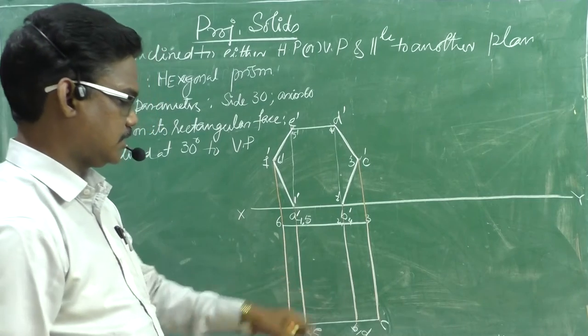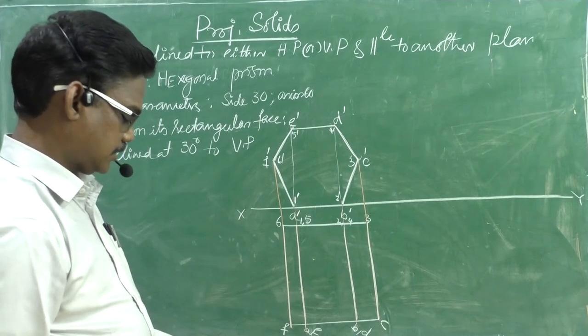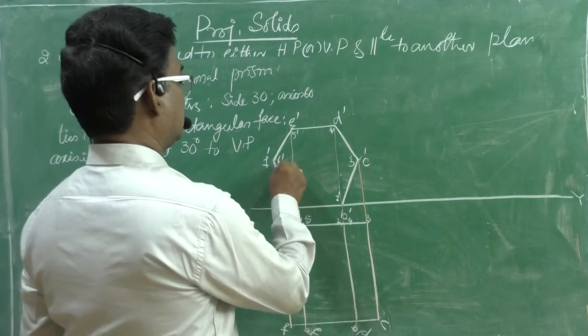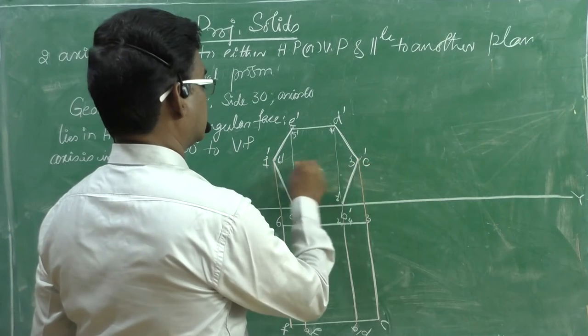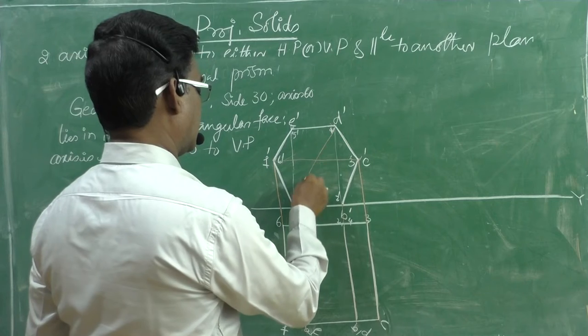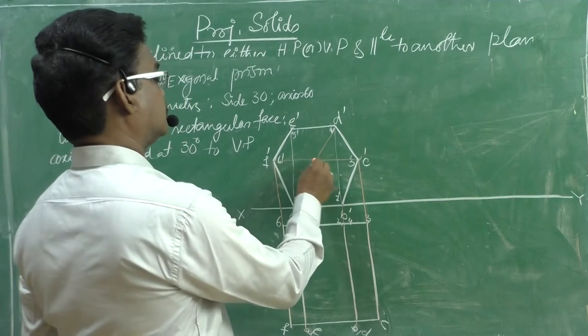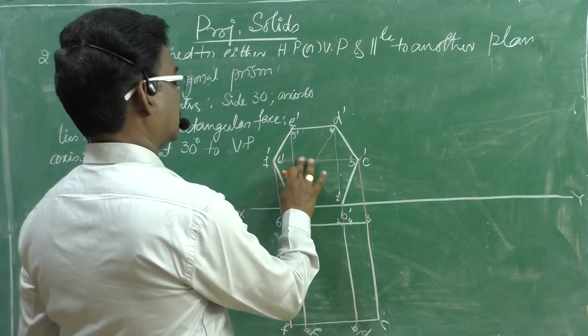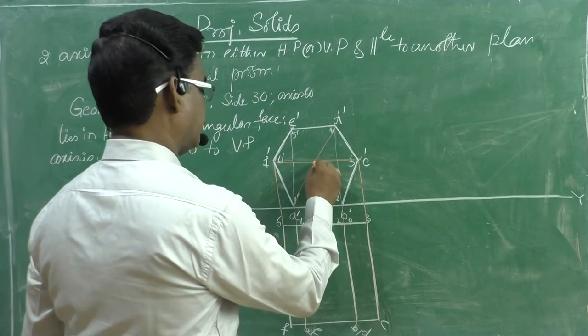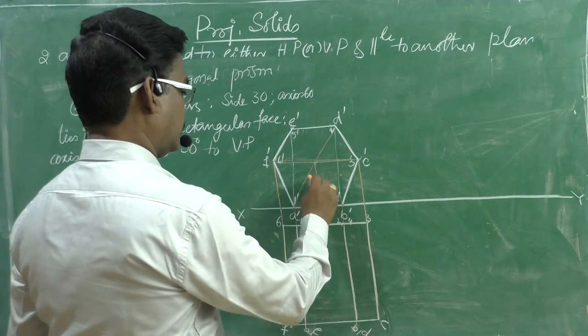That is the reason this figure is obtained like this. You need to project the axis also by taking angular bisectors or by drawing a line between opposite vertices. You can identify the respective center here and project it downwards.